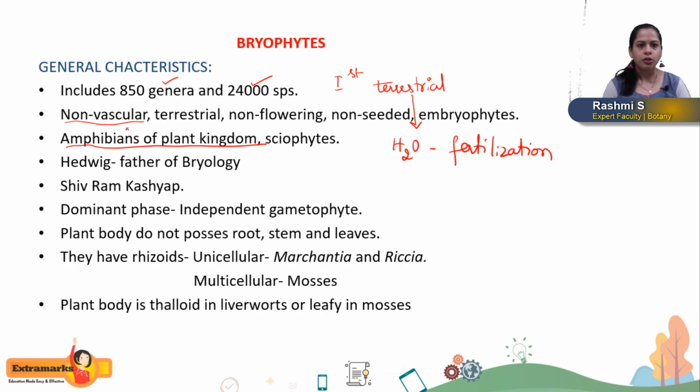Non-vascular means they lack the vascular tissues, the conducting tissues, that is xylem and phloem. They are also non-flowering. They do not bear flowers. They are non-seeded. They don't even produce seeds. So we can call them cryptogams.